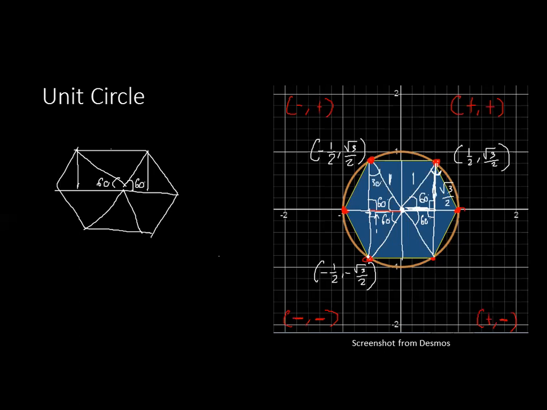But since it goes in the left direction, it would be negative. And vertically speaking, the distance from the origin up to this vertex is square root of 3 all over 2. But since it goes down, it would be negative, which is why in the third quadrant, we have two negative coordinates.